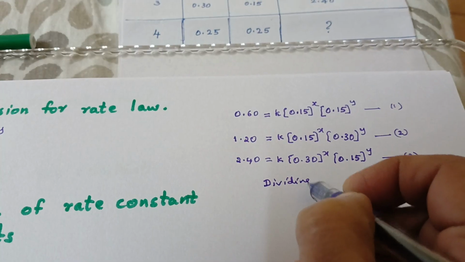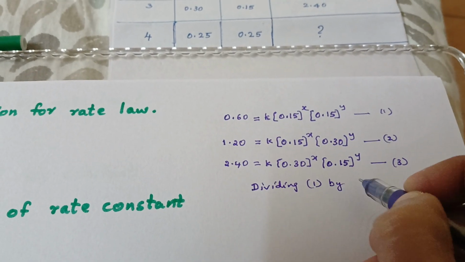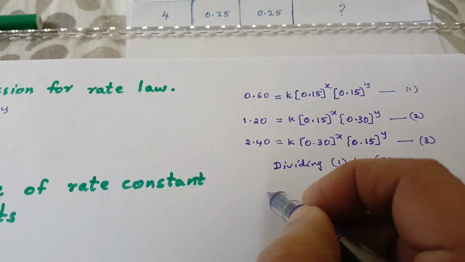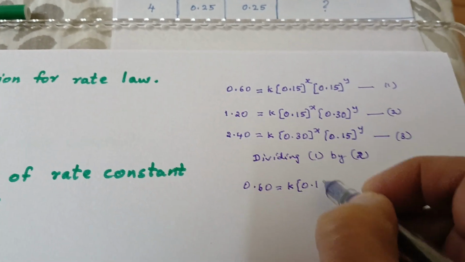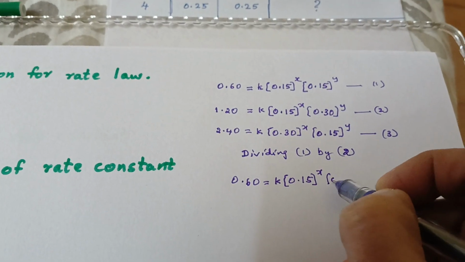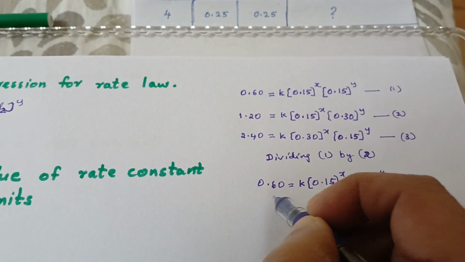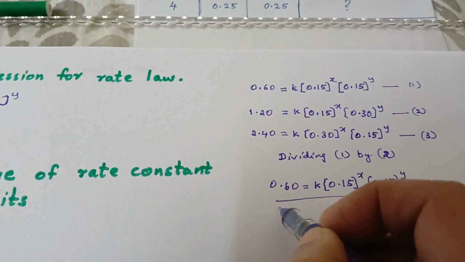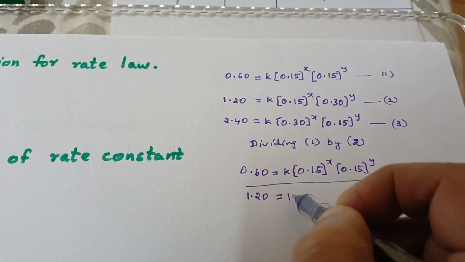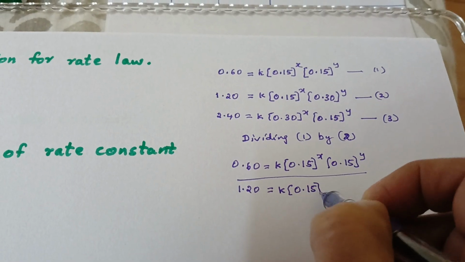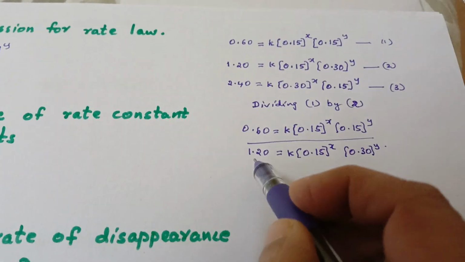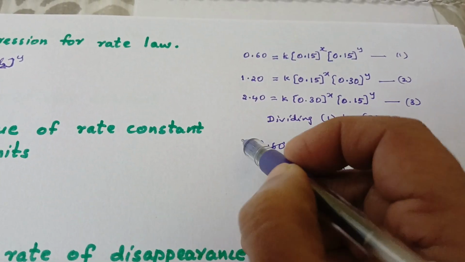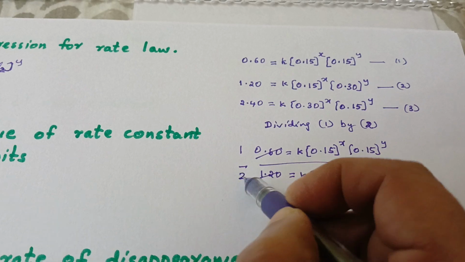So dividing equation 1 by equation 2, we can write 0.60 equal to K into 0.15 raised to X into 0.15 raised to Y divided by the second equation, 1.20 equal to K into 0.15 raised to X into 0.30 raised to Y. Let us simplify it. 0.60 over 1.20 gives 1 by 2.